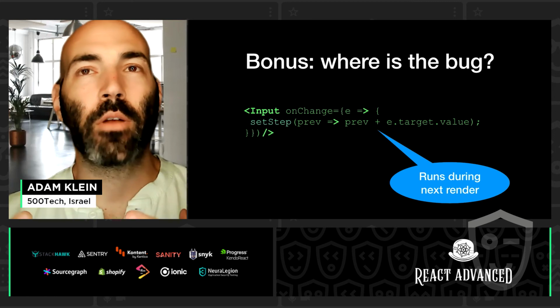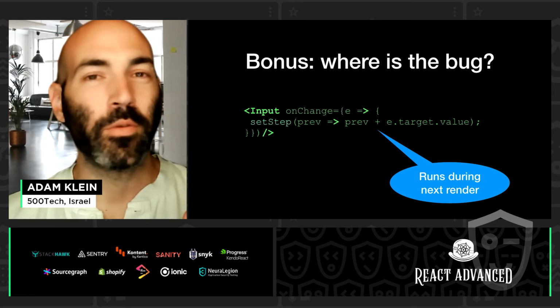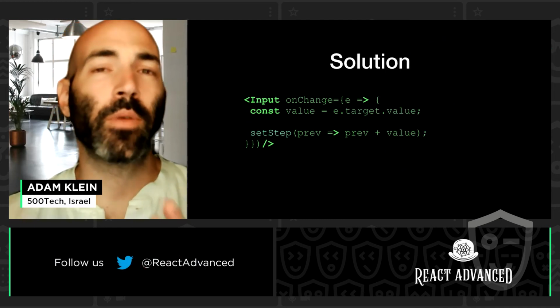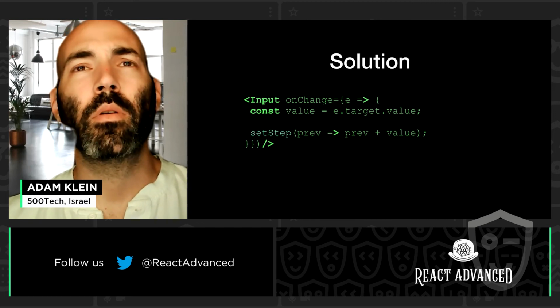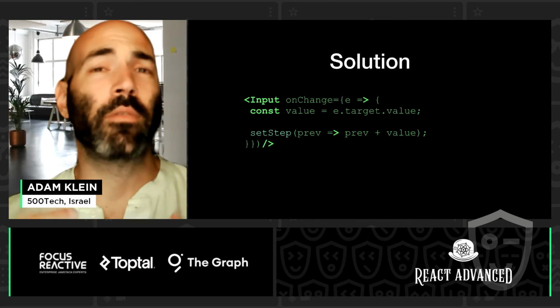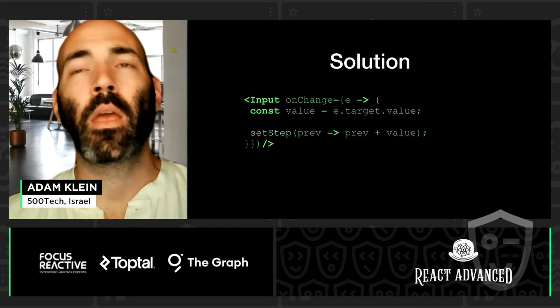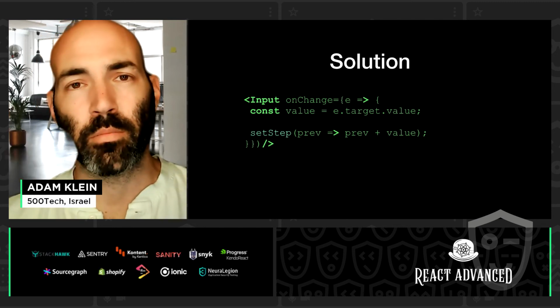So the way to solve this is, first of all, upgrade to new React versions where you don't have this problem. And the second option, if you can't migrate, is just to extract the value beforehand and then use it inside our updater function, or call event.persist, which persists the event and prevents it from being recycled.